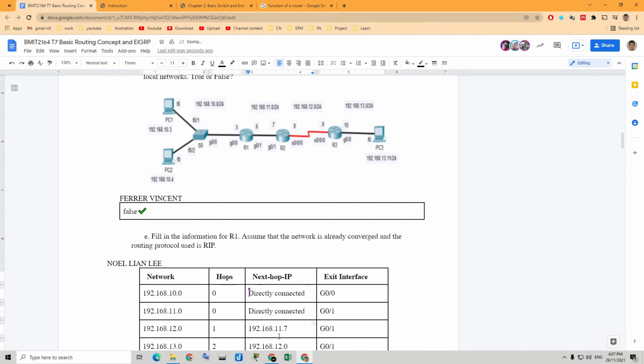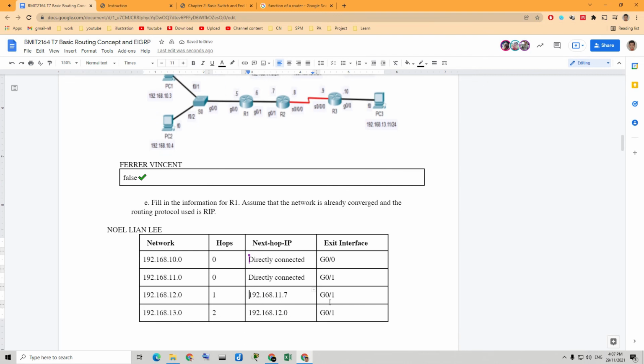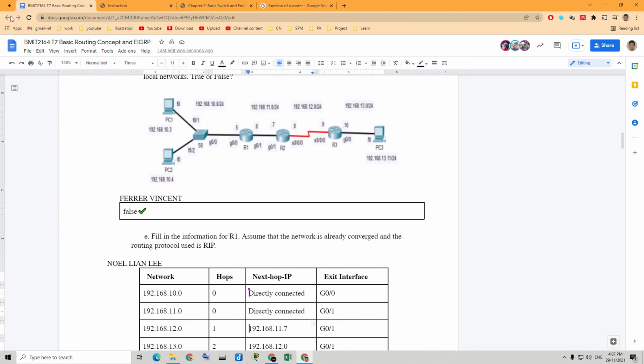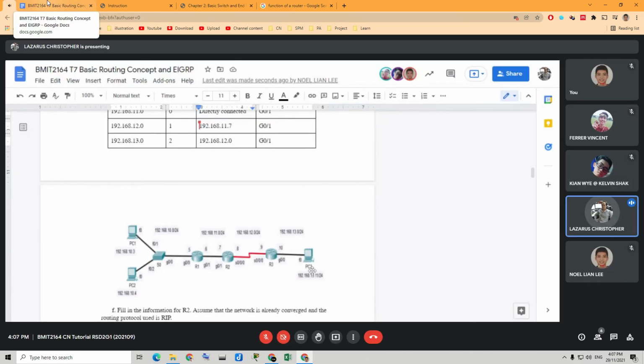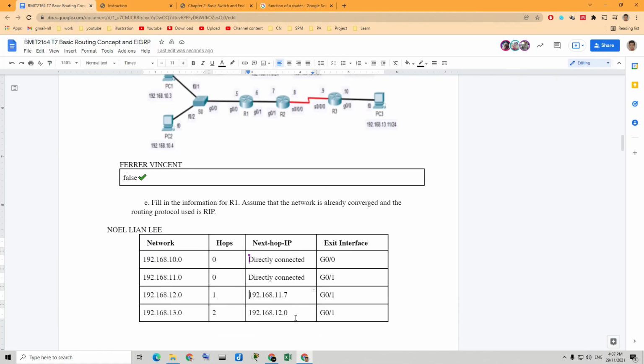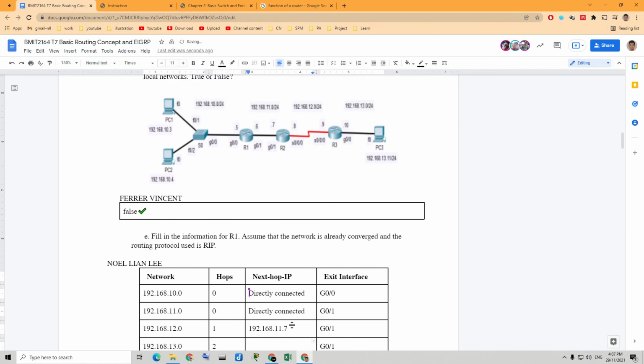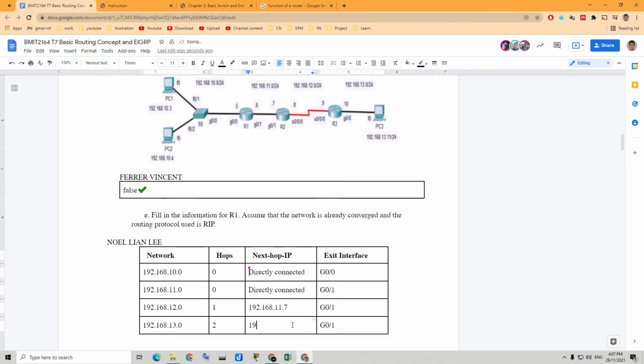The exit interface is G0/1, correct. The next one is dot 13, the network on the right-hand side. The next hop IP is not dot 9 on R3, because it's remote and R1 cannot see it. It's over there.